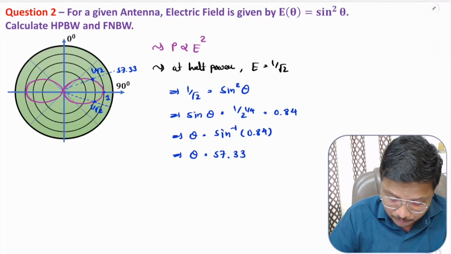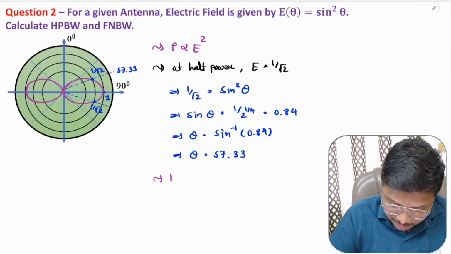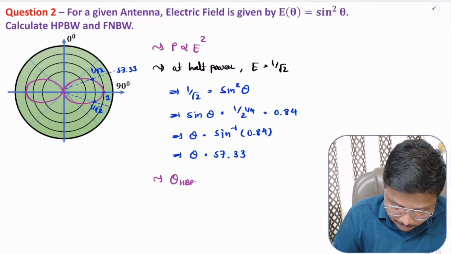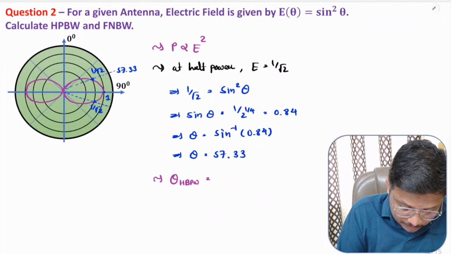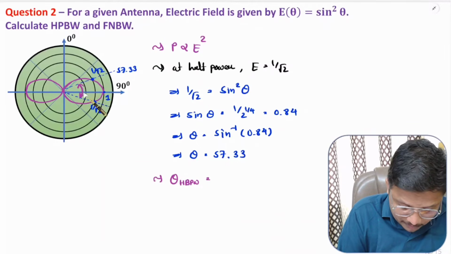Let me show it to you. See, if you want to calculate half power beam width, then all we need to do is identify this 90 minus this angle. And if you multiply it by 2, then you will be getting this much angle, right? That is half power beam width.